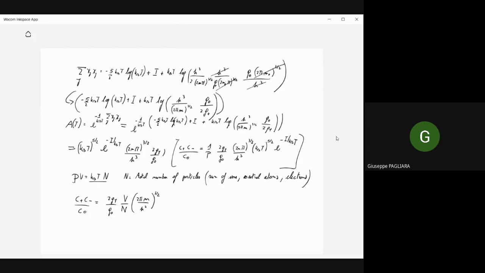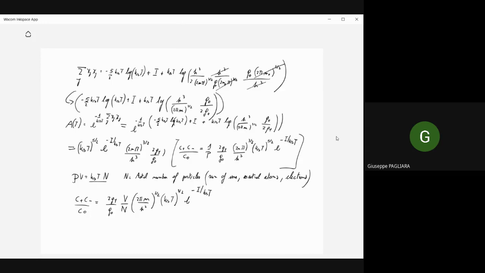I will have kBT now to the power of 3 half, because I have a kBT in the denominator, and 5 half minus 1 is 3 half. 2g plus g0 V divided by n. And then I have the exponential suppression, which is minus I divided by kBT.